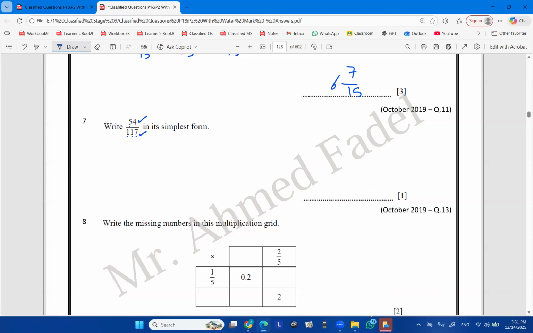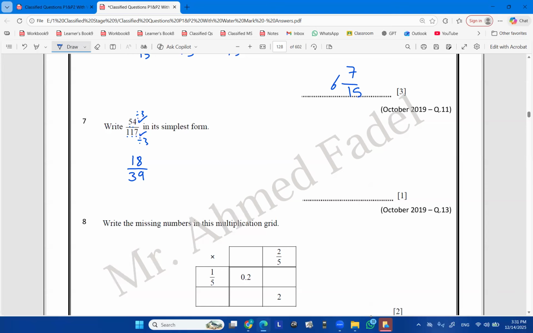Let's do so. Dividing 54 by 3 is going to give you exactly 18. So dividing this by 3, dividing this by 3. This is going to give you 18 over. Dividing this by 3 is going to give you 39. All right, so this gave me here 18, and this one gave me exactly 39. Is that it? Well, can you divide again by 3, maybe?